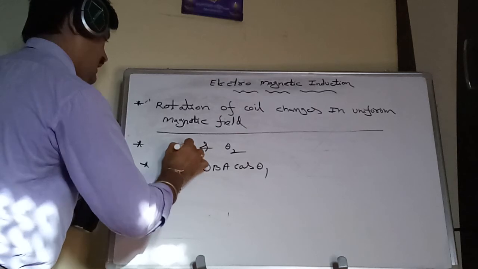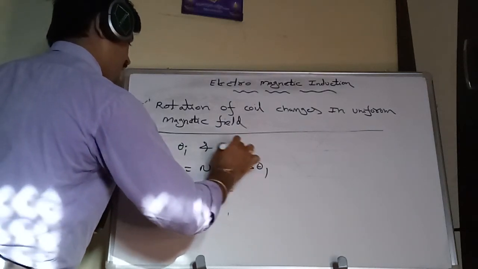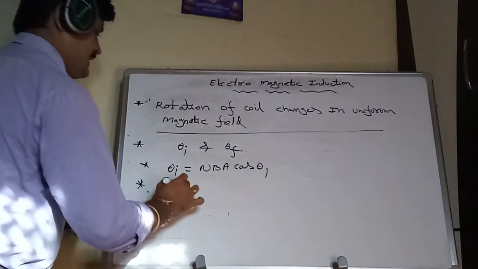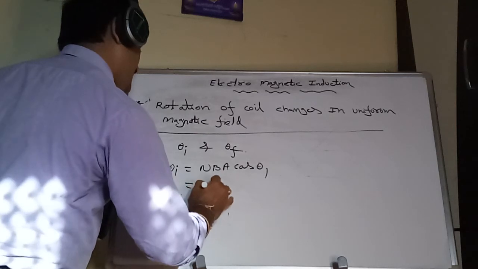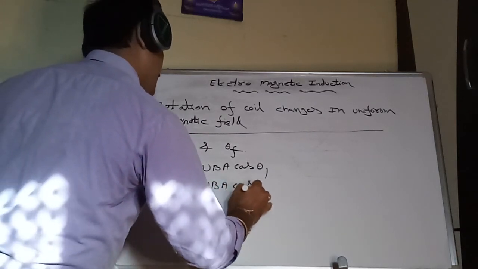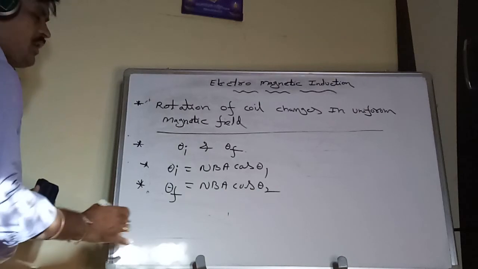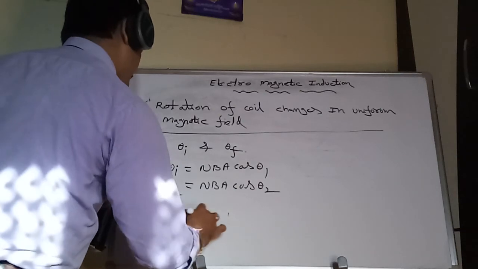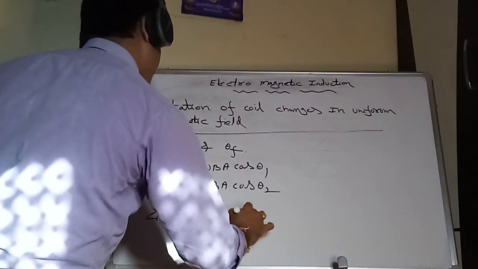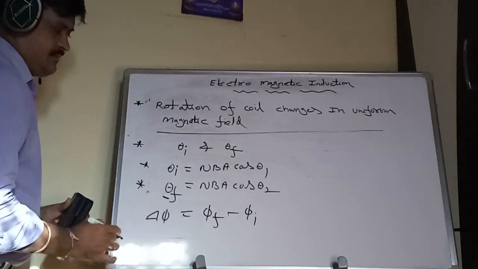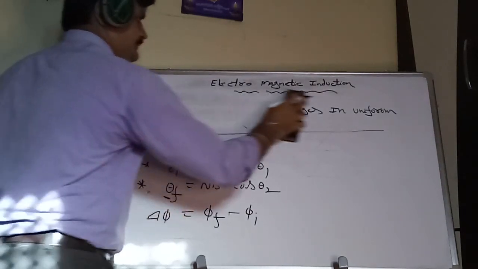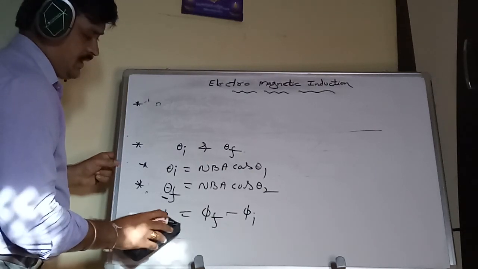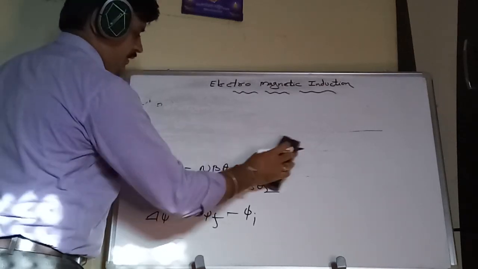The final flux with the coil after rotation is phi F equal to NBA cos theta 2. So delta phi, the change in flux, is equal to phi F minus phi I.